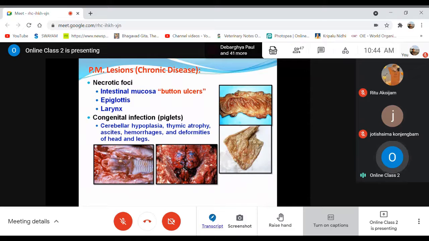There will be cerebellar hypoplasia, means the cerebellum will be in hypoplastic condition. Then thymic atrophy will be there, thymus will be atrophied. Then there may be chances of ascites and many generalized hemorrhagic lesions and deformities of the head and leg. Okay, so this type of lesions and deformities will be there in those congenitally infected piglets which used to get the infection during the fetal life when they are within the womb of the mother, right?